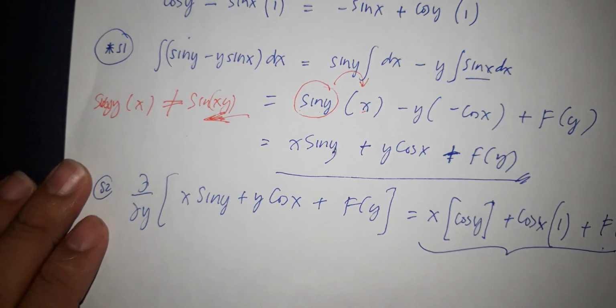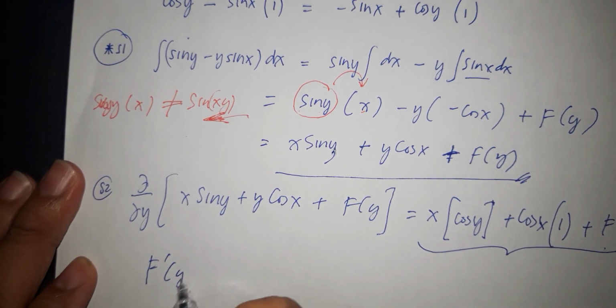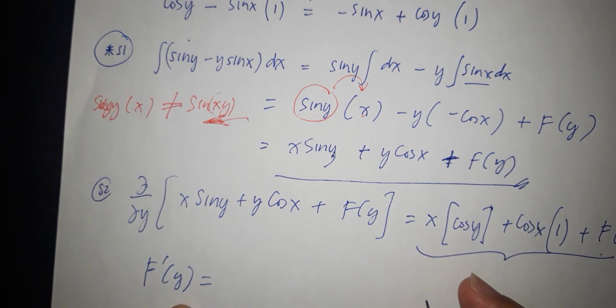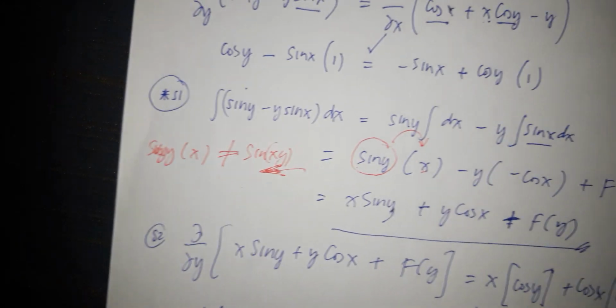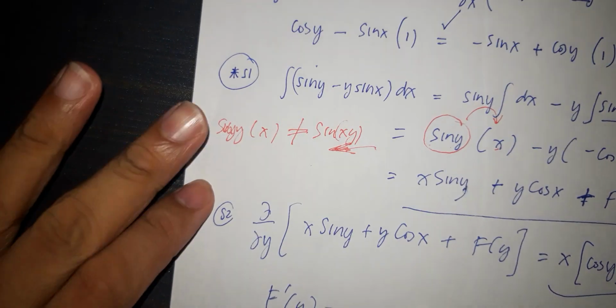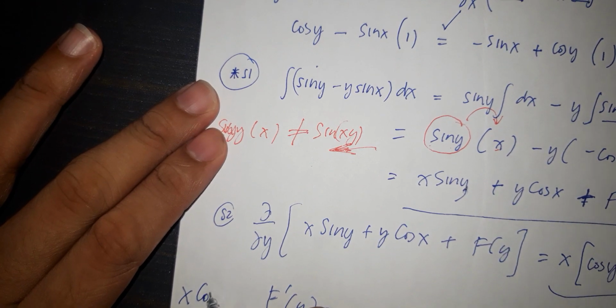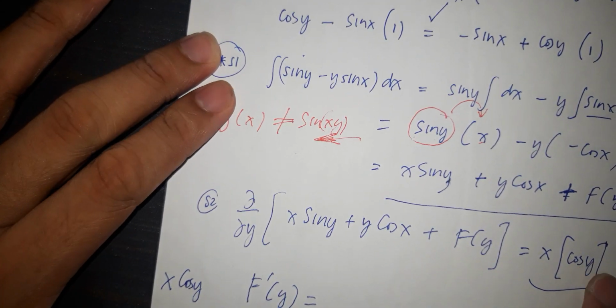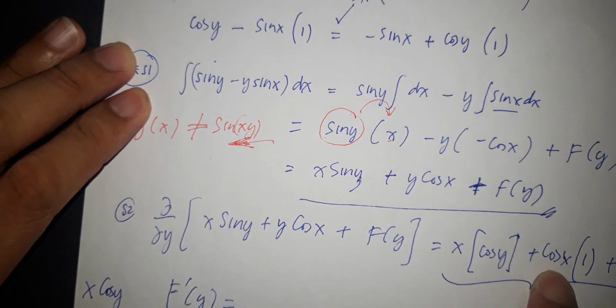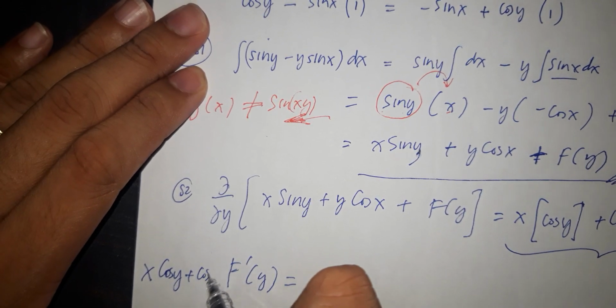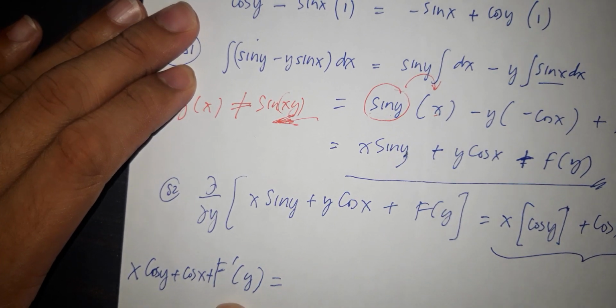So this gives you f prime of y. Let me rewrite this first. So this is x cos y plus cos x plus f prime of y.